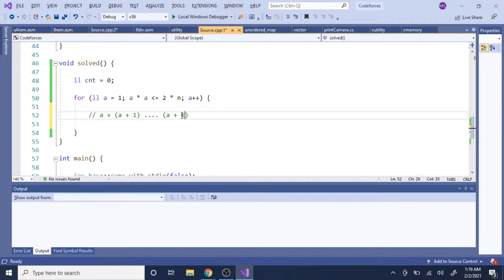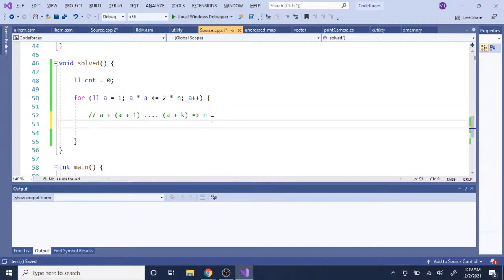So this has to equal n, because that's what the problem statement is saying. The left side I could simplify down to a plus a plus, a bunch of a's, and then move the 1, 2, 3 up to k.